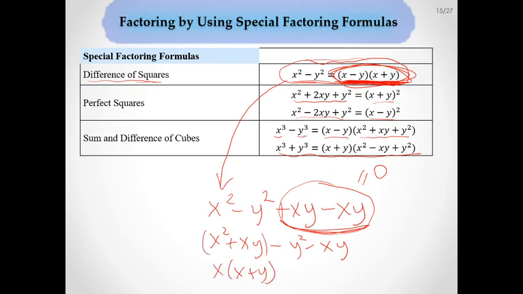We make this group, and we can write this one as negative y squared minus xy, and this group can be written as negative y times y plus x. So this y plus x and x plus y is the same, so we can write it as x minus y times x plus y.